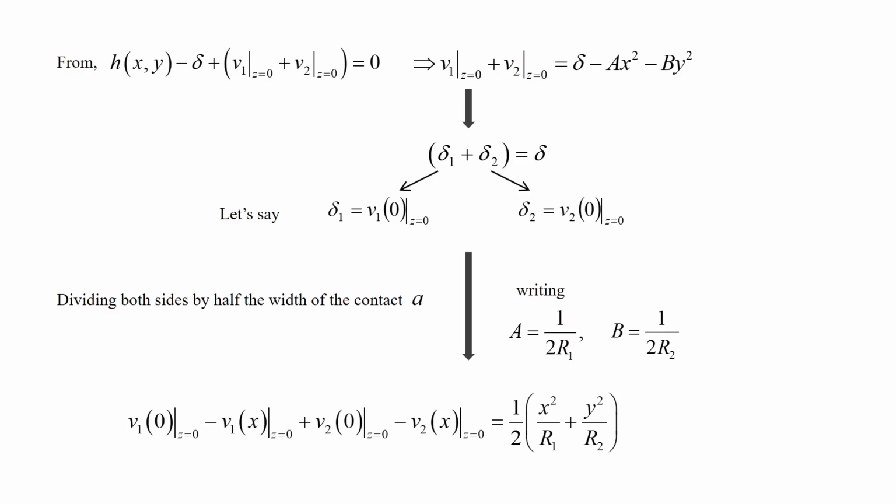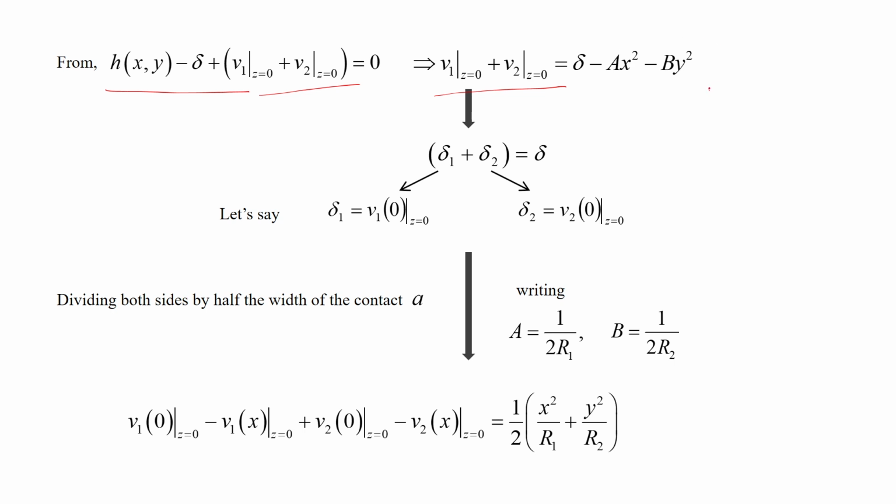We have h x y minus delta, plus V1 at z equal to 0 plus V2 at z equal to 0, and the whole thing is equal to 0. Therefore, V1 at z equal to 0 plus V2 at z equal to 0 comes out to be delta minus h x y.